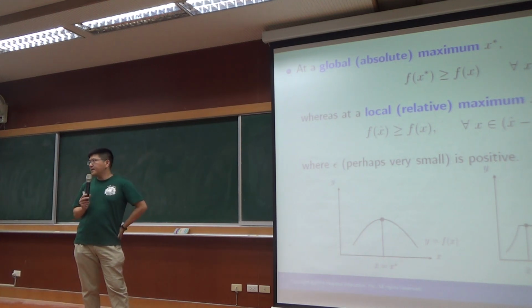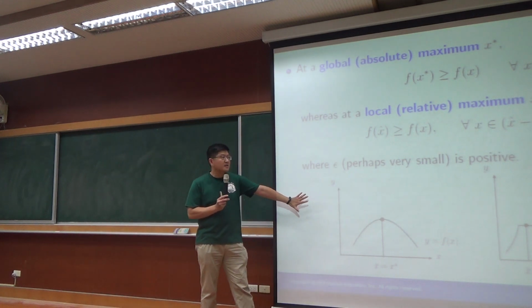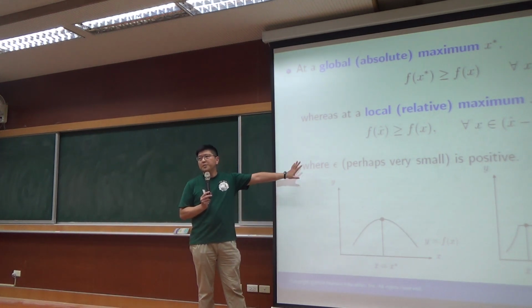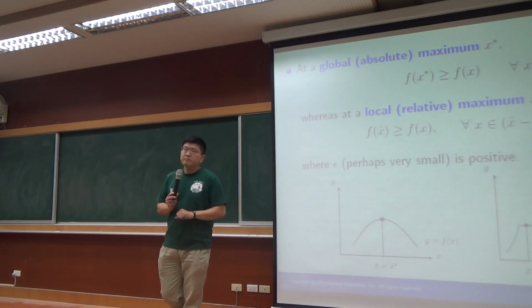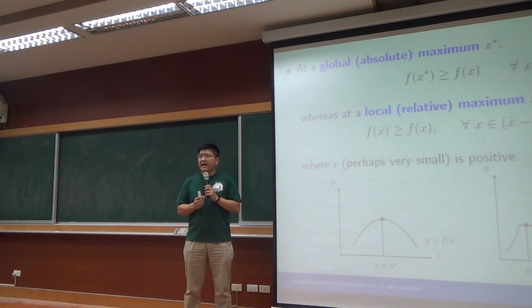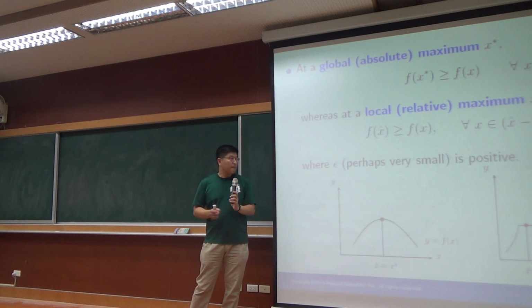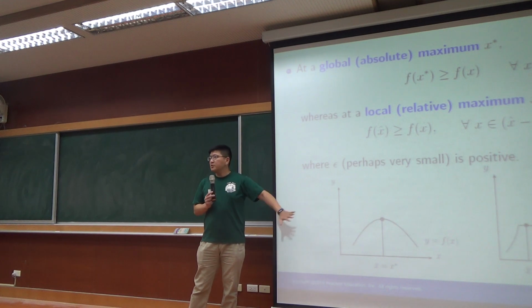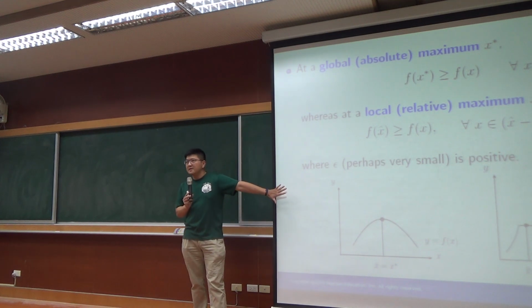And last week we went through this slide. We are talking about global maximum or global minimum, and local maximum, local minimum. It's actually absolute or relative, okay? So, should everyone be happy with this? Is that okay?